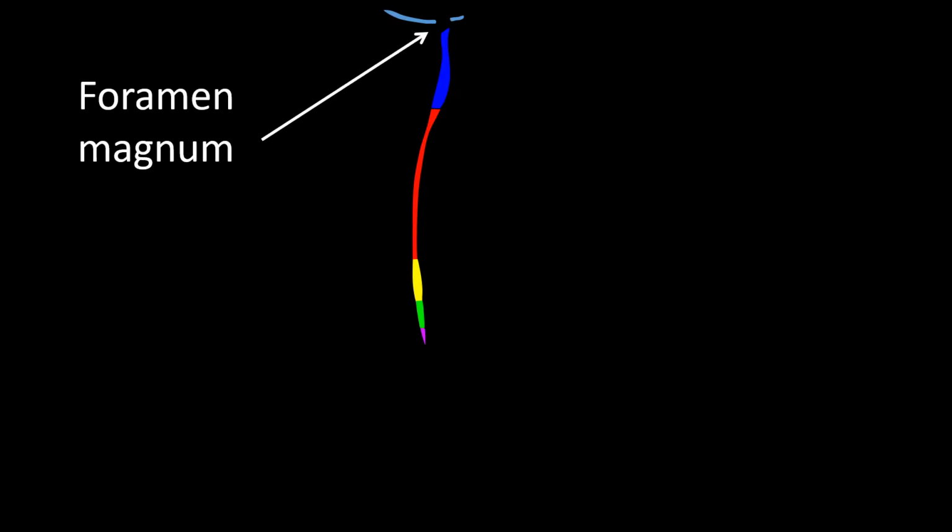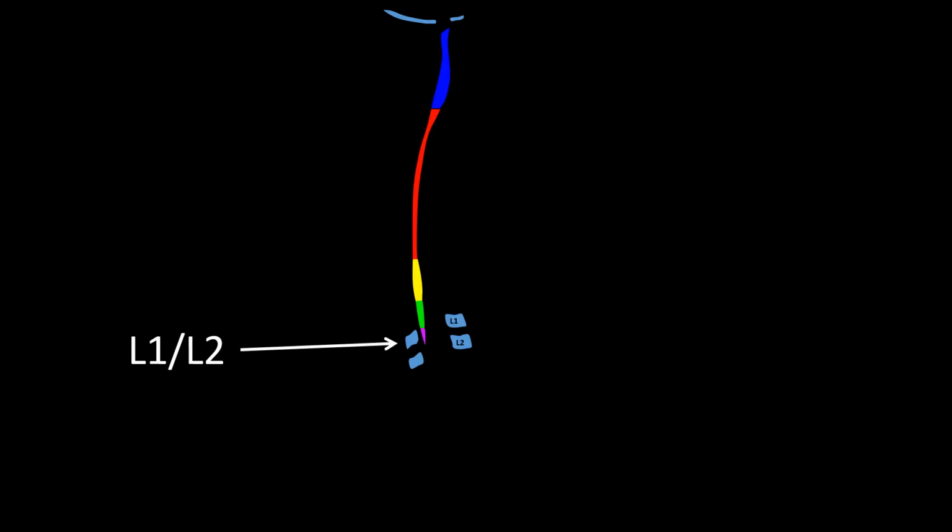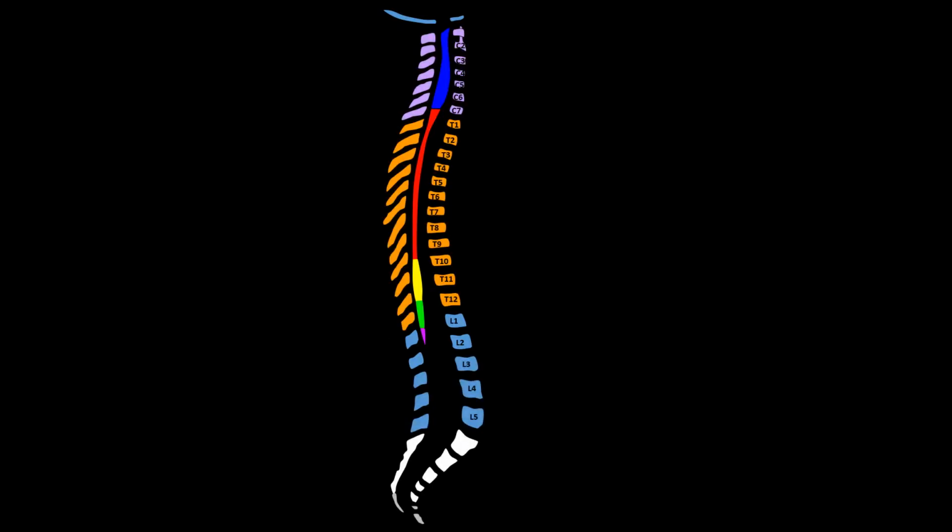It extends from the foramen magnum to the lower level of the L1 vertebra or the upper level of the L2 vertebra in adults. The spinal cord is in a canal formed by the vertebral bodies and their arches. There are 8 cervical segments corresponding to 8 spinal nerves.